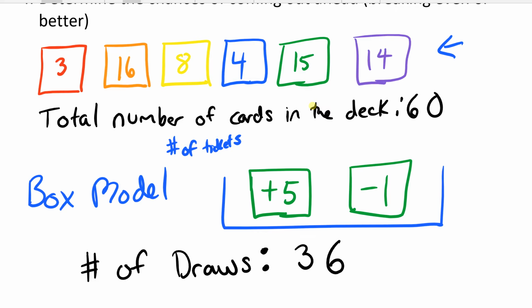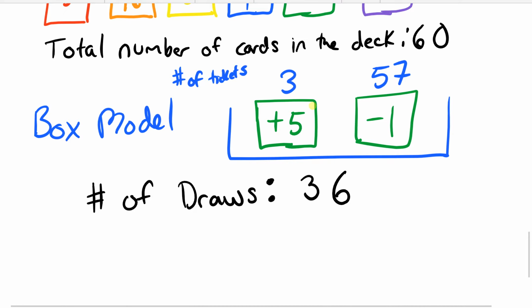So there are 60 tickets total in this box, 1 ticket for each card drawn. 3 would correspond to the plus 5 for the 3 red cards in the deck. The remaining 57 would be minus 1, because there are 57 cards in the deck that are not red. And that would be the box model.